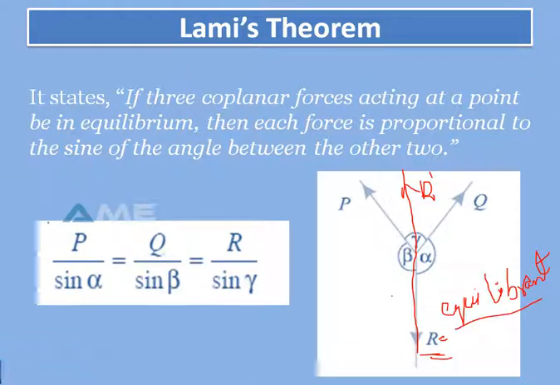Why? Because the equilibriant force is equal in magnitude to the resultant but opposite in direction. And in this way you can find your resultant, or you can find the other force which is the equilibrant of the system of forces.